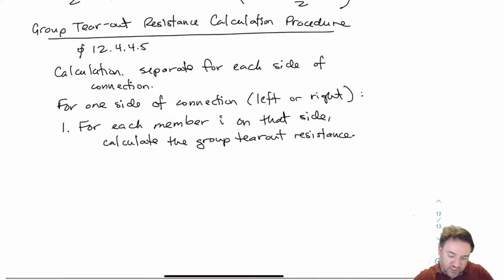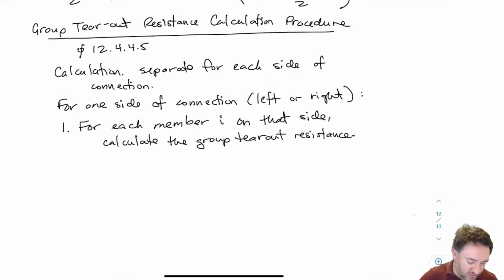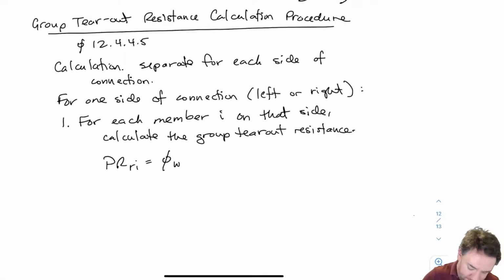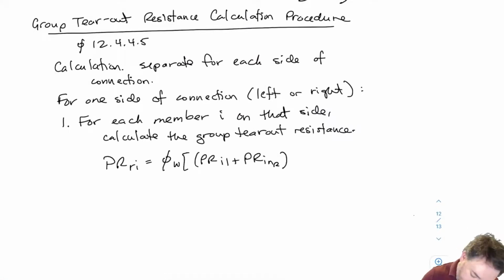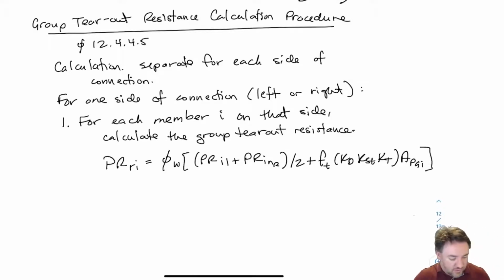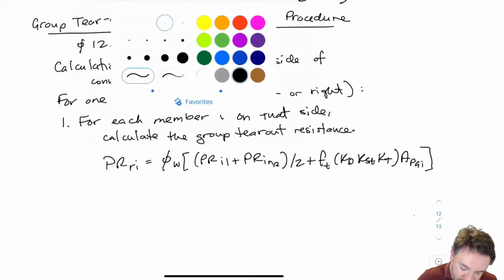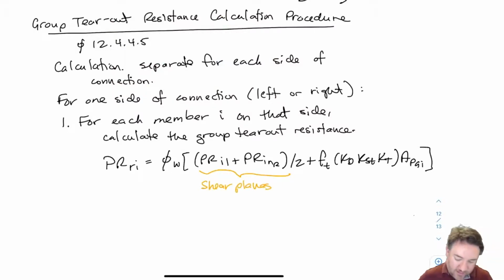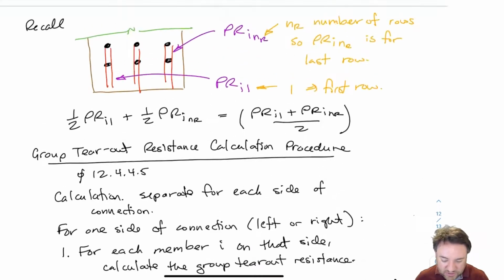Okay, so let's go back and talk about how to actually do it. So for each member, I'm going to calculate group tear out resistance, and this is the equation to do it. Okay, so that's the overall equation. This first part here is obviously the shear planes strength, and that PRI1 plus PRINR divided by 2 is just what we talked about here.